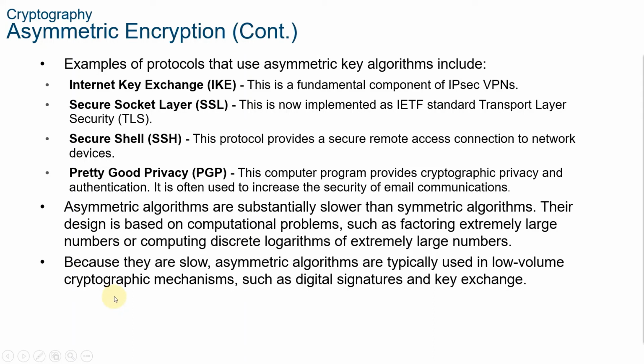So because they are slow, asymmetric algorithms are typically used in low-volume cryptographic mechanisms such as digital signatures and key exchange. Okay. However, the key management for asymmetric algorithms tends to be simpler than symmetric algorithms, because usually one of the two encryption or decryption keys can be made public.